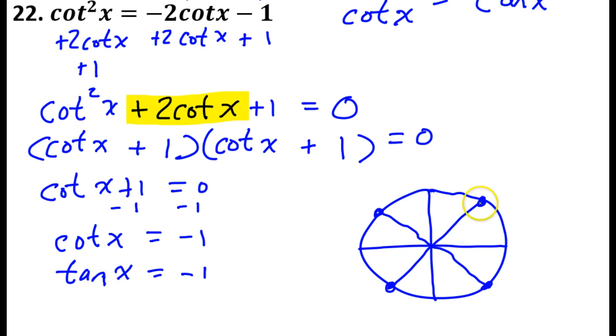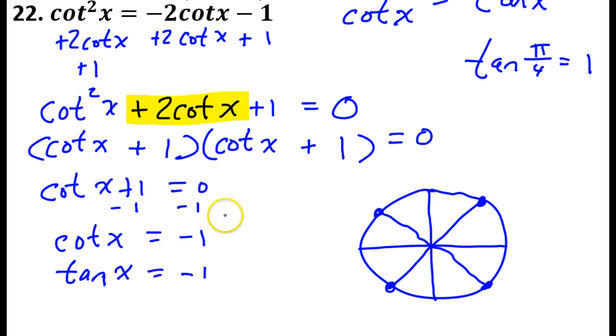So the thing about reference angles of pi over 4: tangent of pi over 4 is equal to 1. Any angle that has a reference angle of pi over 4 is going to give me some kind of 1 for an answer, except that 2 of them will be positive and 2 of them will be -1.